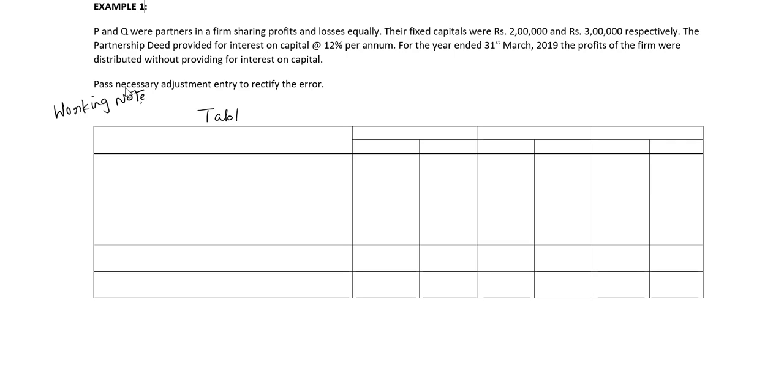Working note. Table showing adjustments to be made. The first column is the particulars column.